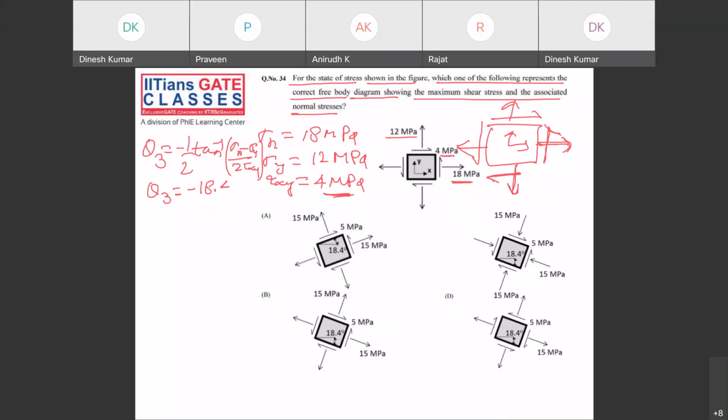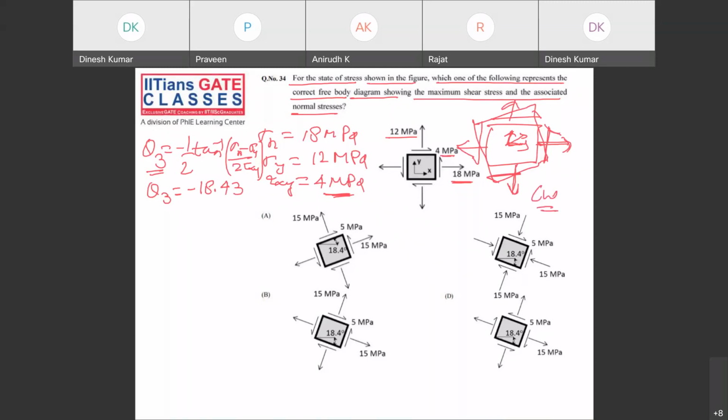If you rotate this element in anti-clockwise direction, then theta is positive. But since theta is coming negative, that means your element has to be rotated in clockwise direction.